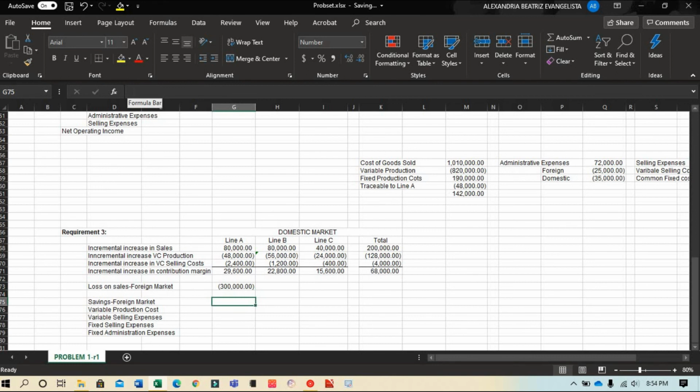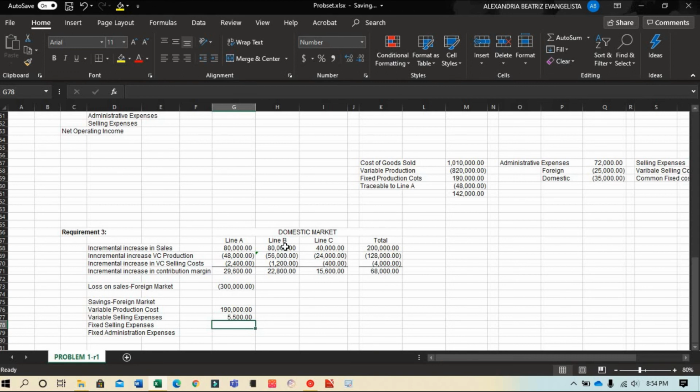And for savings, of course, we're going to save 190,000 variable production cost and going to save 5,500 variable selling cost.